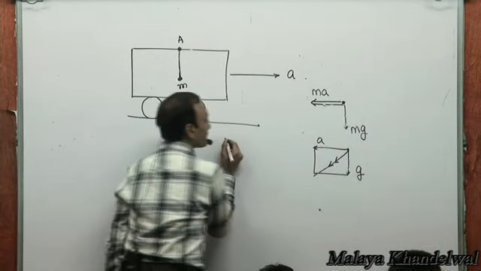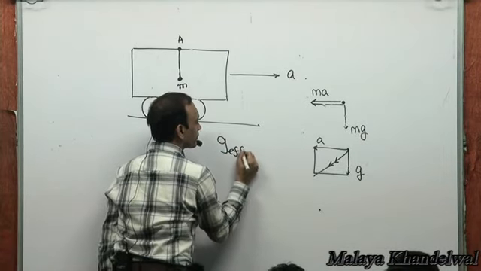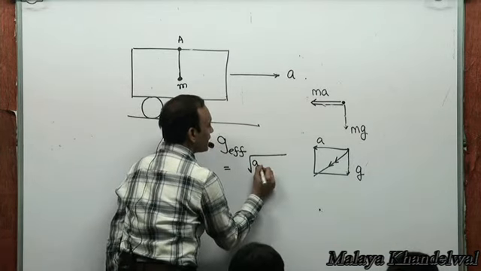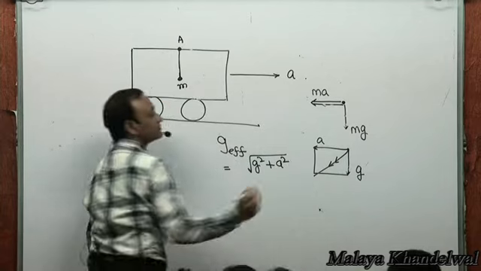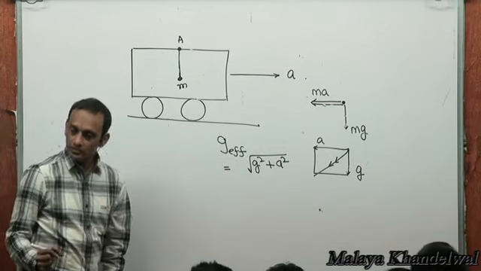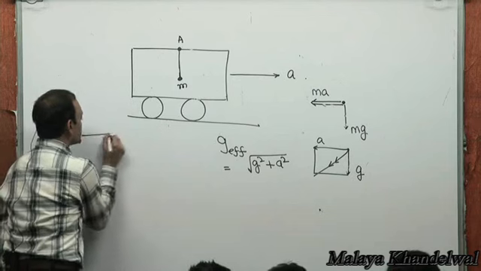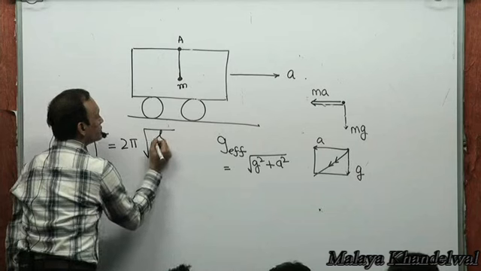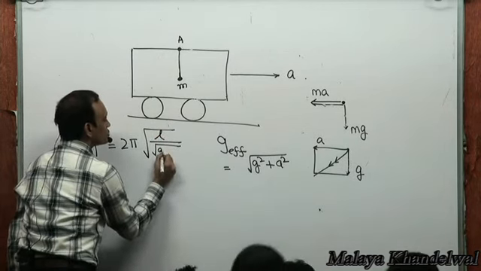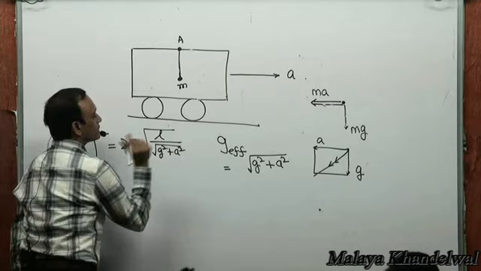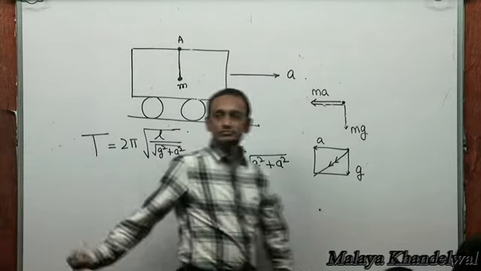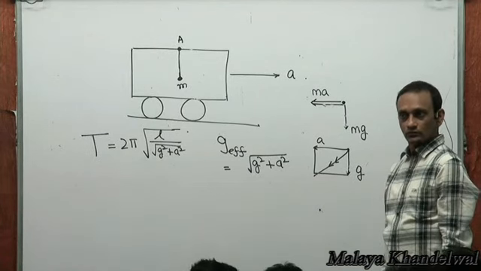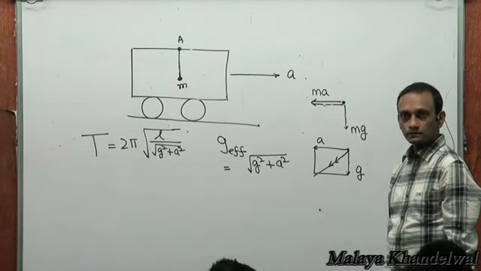G effective then in this case is going to be root G square plus A squared for this pendulum. And the time period therefore is going to be 2 pi root L by G effective, where G effective is root G square plus A squared. Right? Fairly simple. Got me?